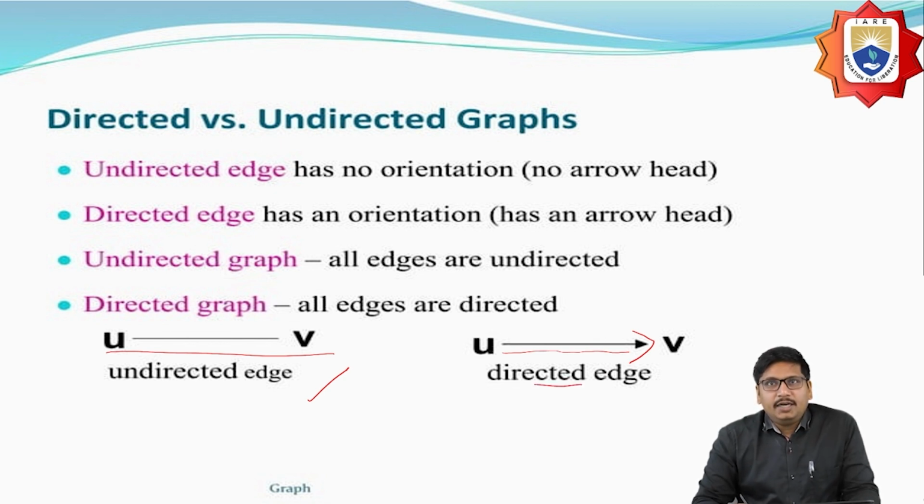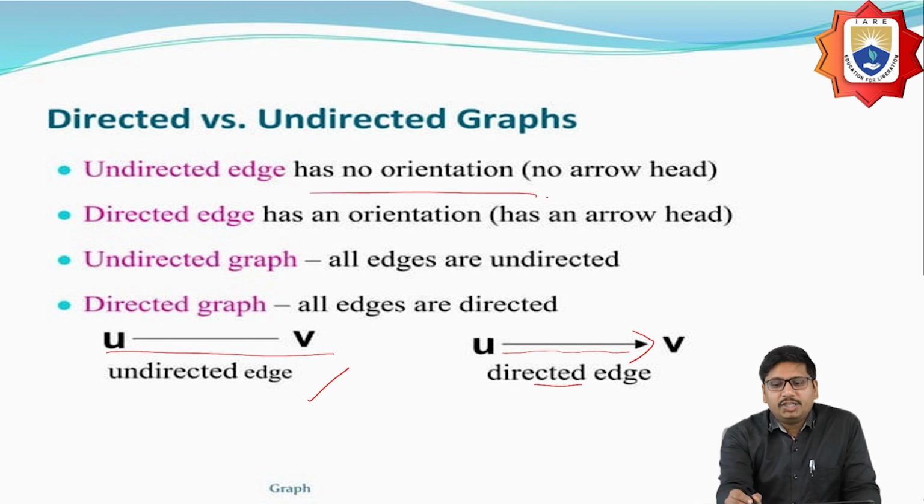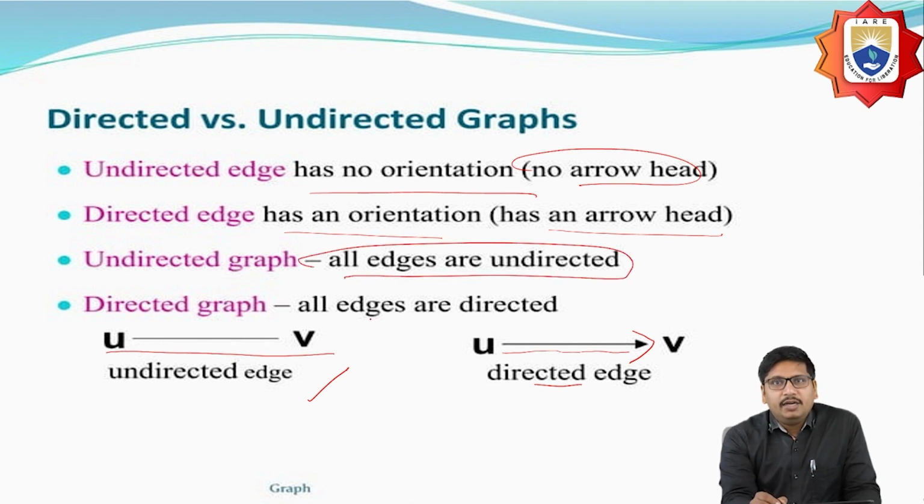An undirected edge has no orientation, no arrowhead, and a directed edge has an orientation, what we call an arrowhead. In an undirected graph all the edges are undirected, and in a directed graph all the edges are directed.